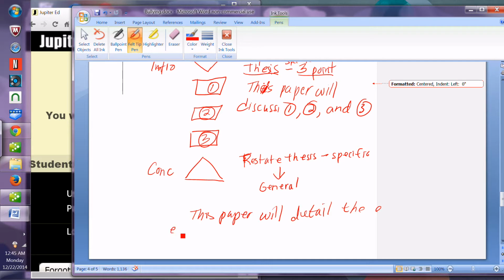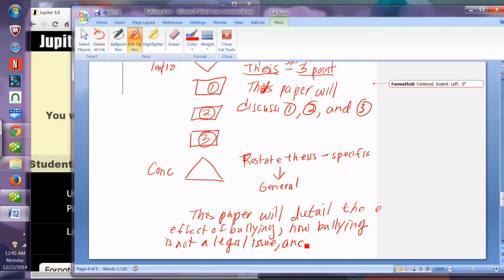Oh, it won't let me write there. The effects of bullying. How bullying is now a legal issue. That's not a good way to, I'm going to let you think.